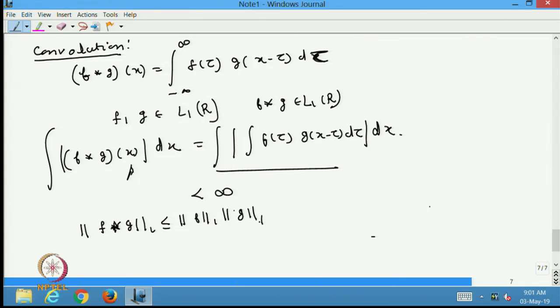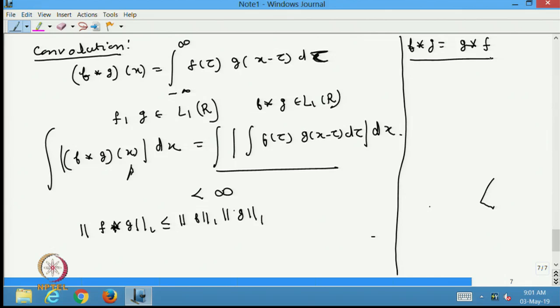Okay. So, the next property of the convolution which we can prove is that convolution is also commutative. You can take this as an exercise and prove it by change of variables, that convolution is commutative for all f and g belonging to L1R. It is also distributive.